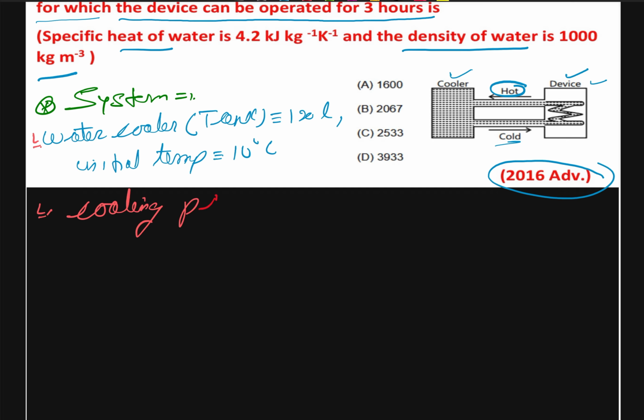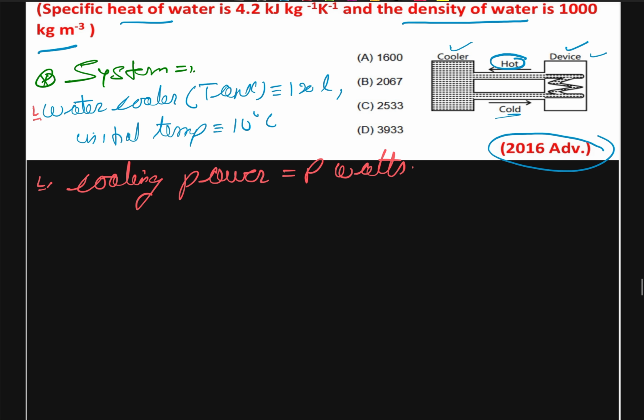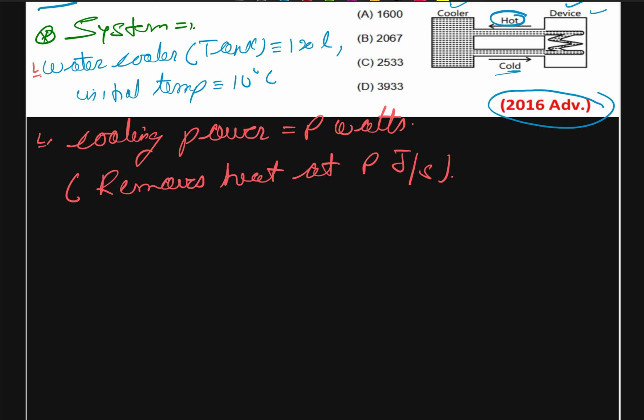Cooling power is P watts, which basically means that it is able to remove P joules per second of heat from the water. So we can say it removes heat at P joules per second. That is basically the cooling power. And then we have the external device.